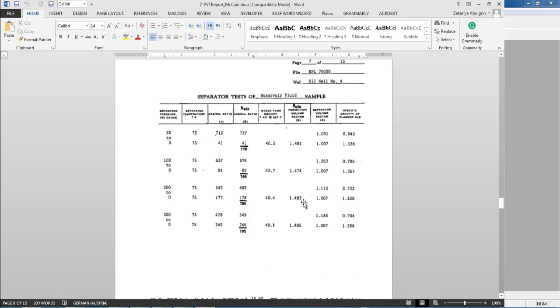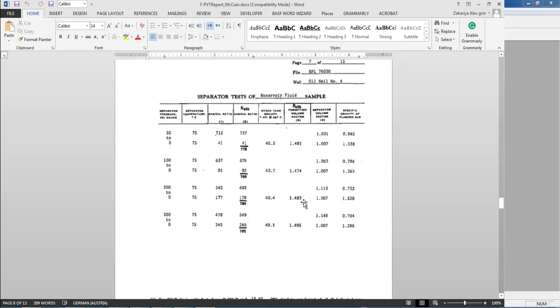The condition that will give you the highest oil volume and the lowest gas oil ratio, because you will try to make your liquid phase with the largest volume, because we are selling liquid. So taking the gas from liquid means you lose some money at the end.